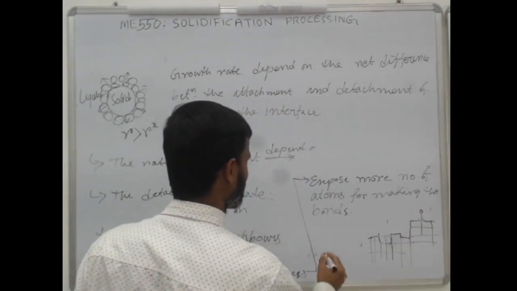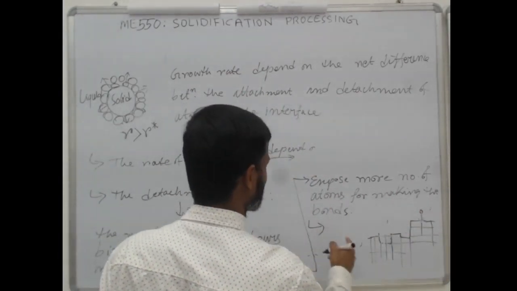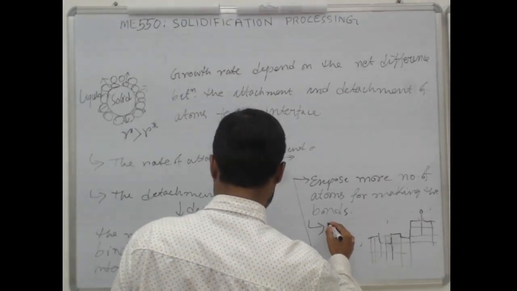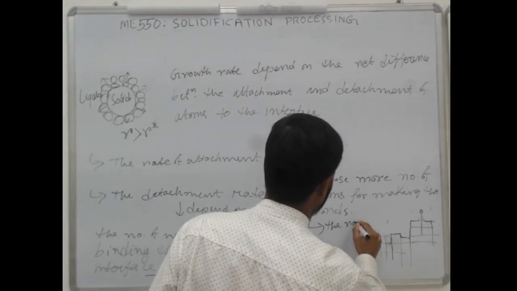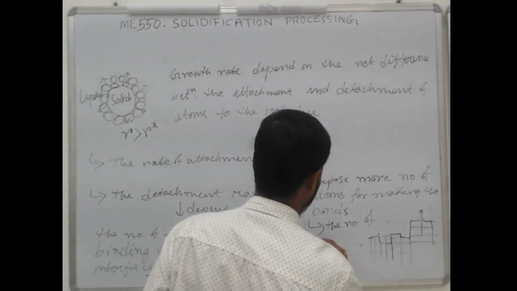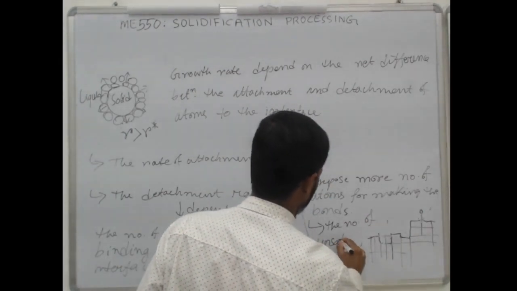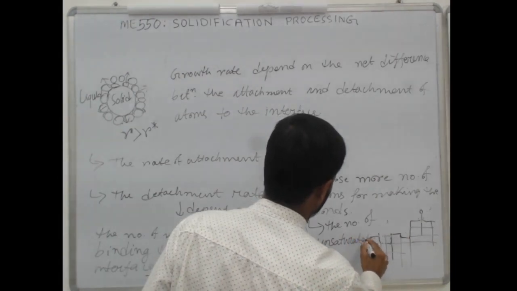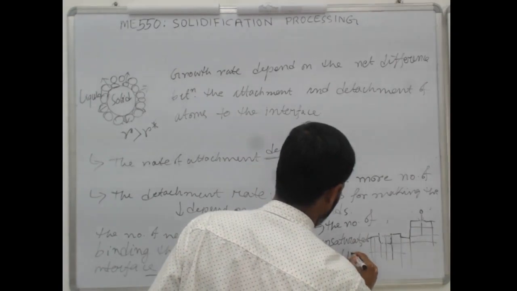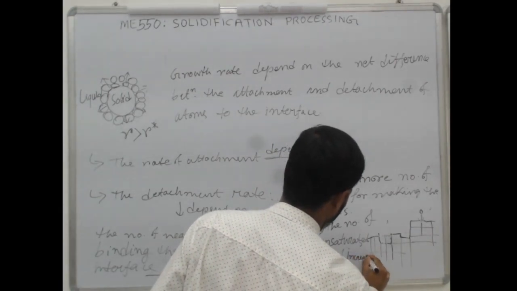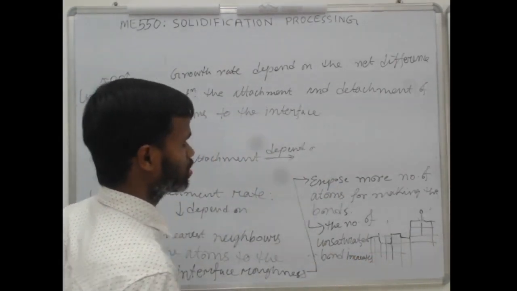This increases the surface roughness, and the number of unsaturated bonds increases. So with roughness, so many things happen.